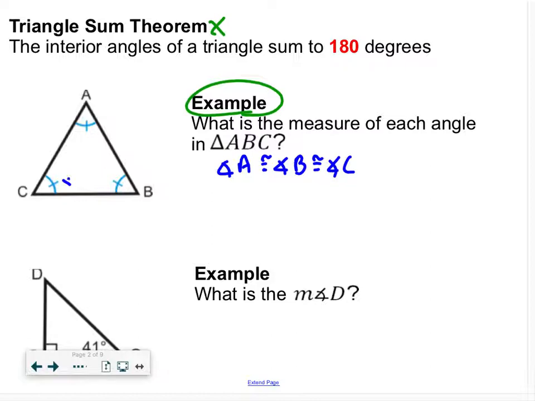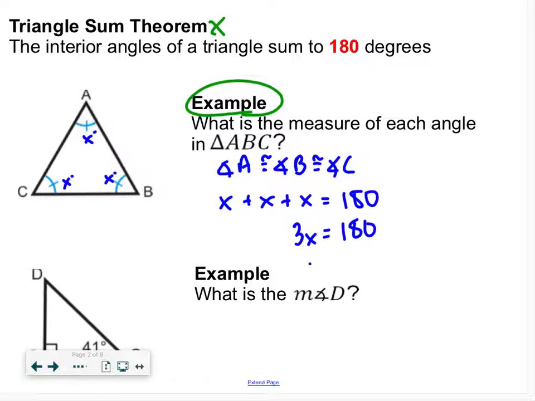In that case, I can mark it as some unknown degrees. So x plus x plus x has to add up to be 180. Combine like terms, I get 3x equals 180. x equals 60 when I divide both sides by 3.